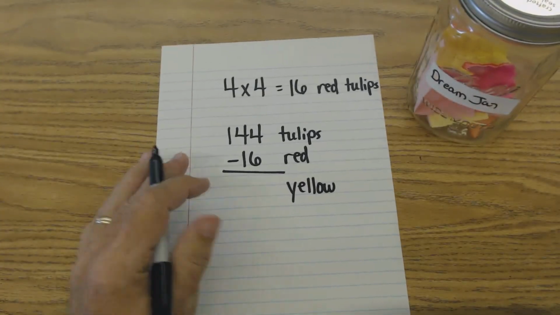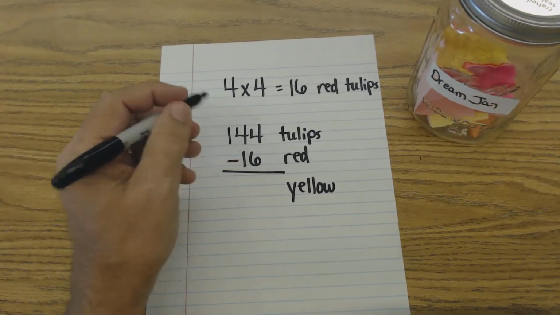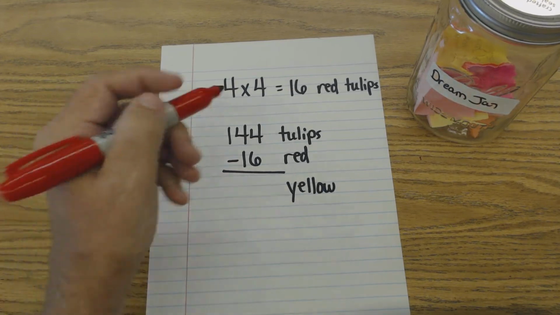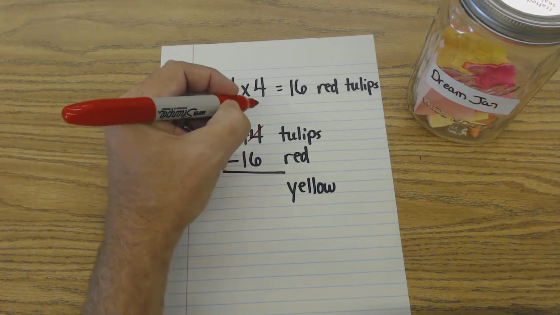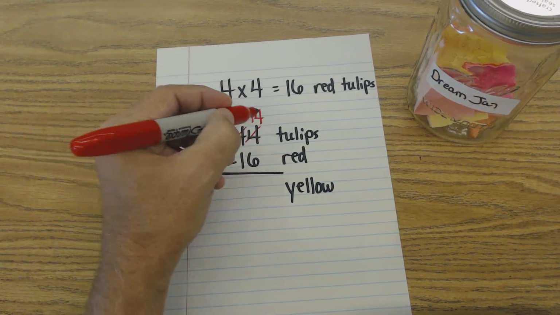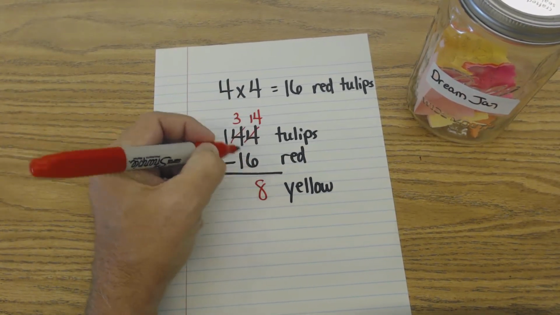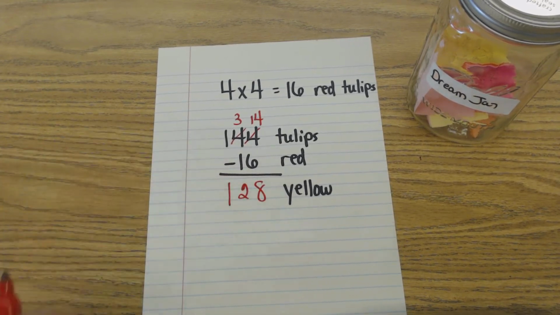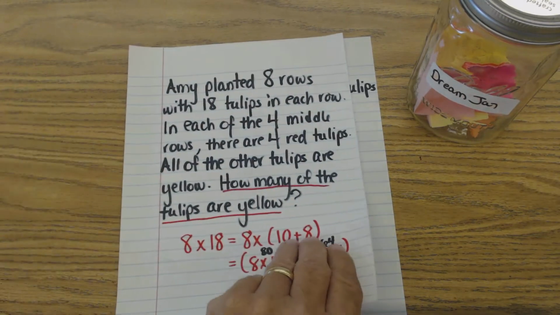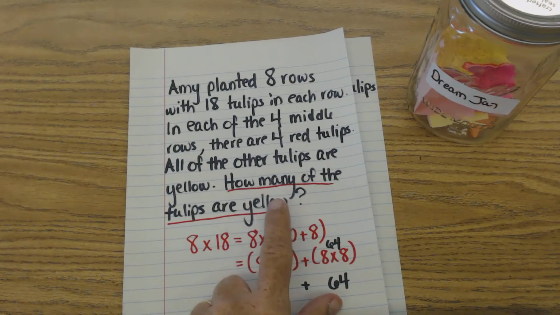And we should be able to do that. 4 minus 6 can't be done, so we're going to borrow from our neighbor. He'll become a 3. The 4 will become a 14. 14 minus 6 is 8. 3 minus 1 is 2. Bring down the 1. So there are 128 yellow tulips. The question we were asked was, how many of the tulips are yellow?